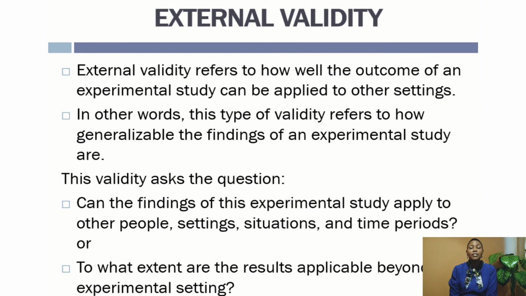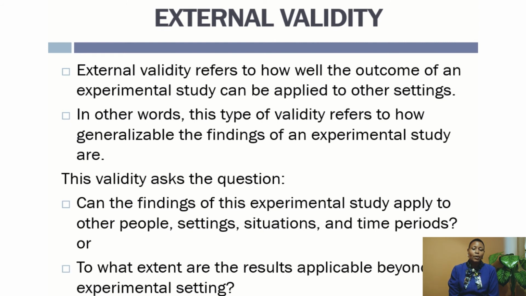External validity refers to how well the outcome of an experimental study can be applied to other settings. In other words, this type of validity refers to how generalizable the findings of an experimental study are.